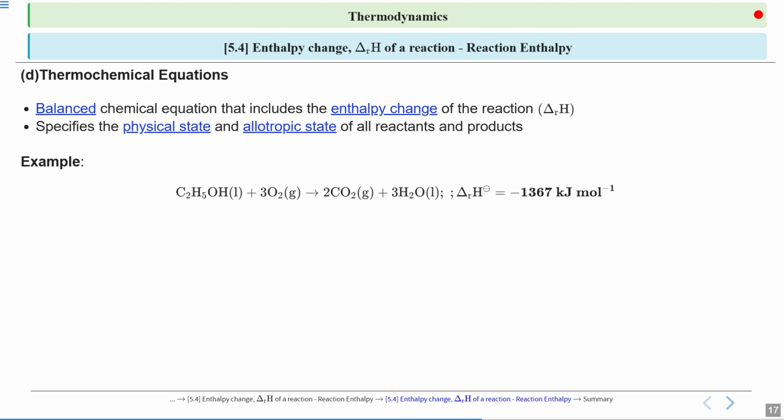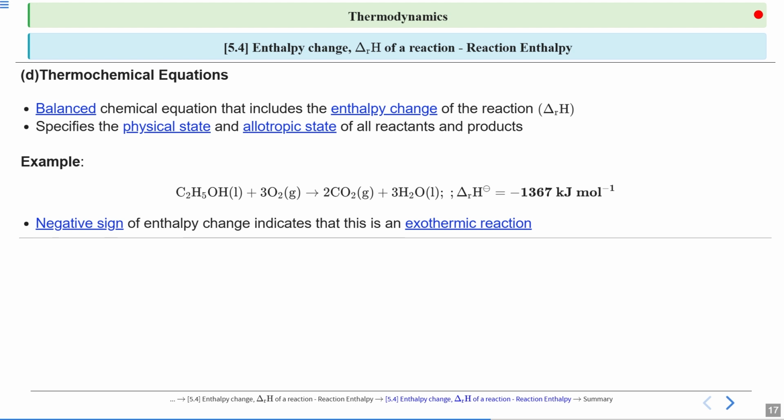Carbon dioxide also is present as gas, and water is present as liquid. So states are also mentioned. Do we need to specify the allotropic state? No. Our given elements have no allotropic form. Therefore, we do not need to specify the allotropic form. Here, the negative sign that you are seeing indicates that the reaction is an exothermic one.